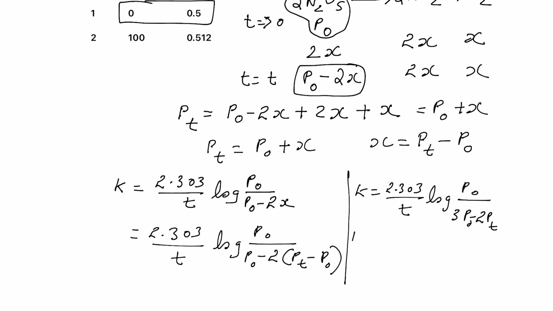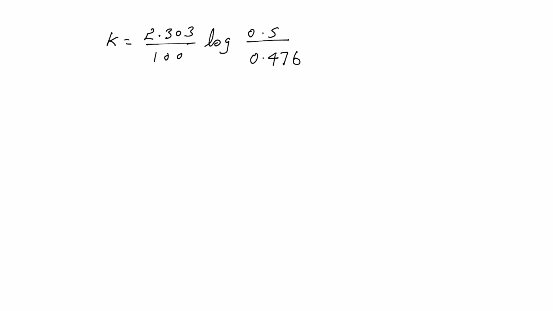So K is equal to 2.303 by 100 log 0.5 by 3 into 0.5 minus 2 into 0.512. On calculating, you will get this.